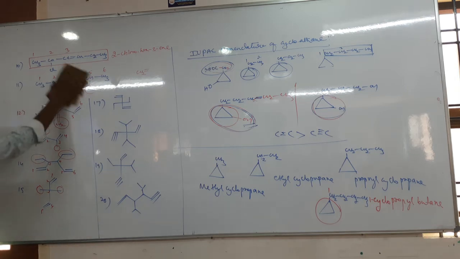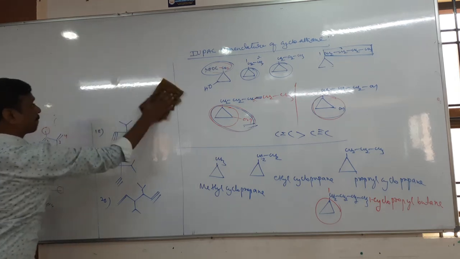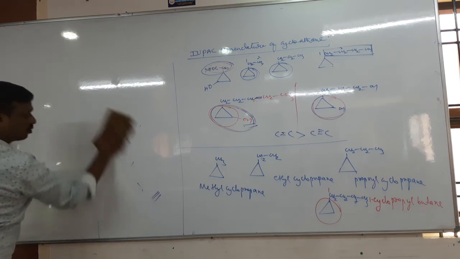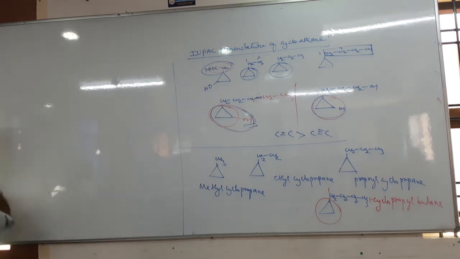Next, the second rule: assigning the number to the parent chain.